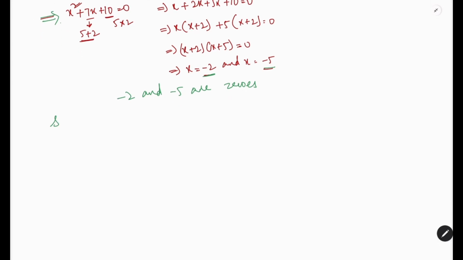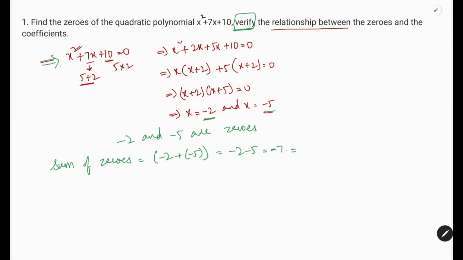See here, sum of zeros equal to minus 2 plus of minus 5, minus 2 minus 5 equal to minus 7. See here, what is minus 7? Minus 7 is minus of b by a.